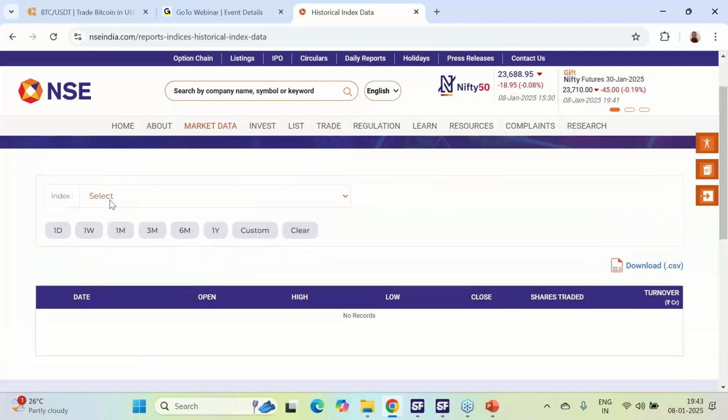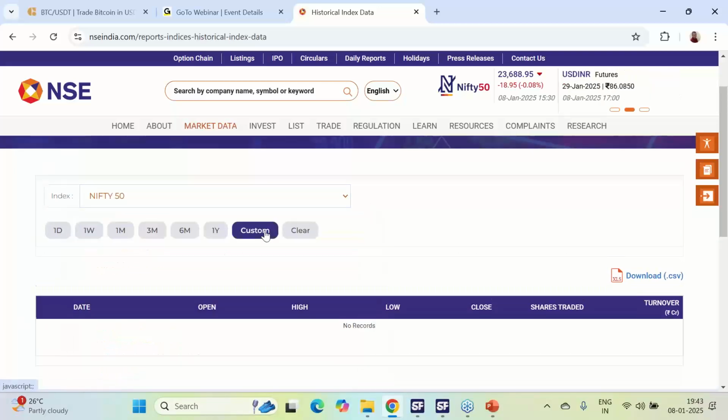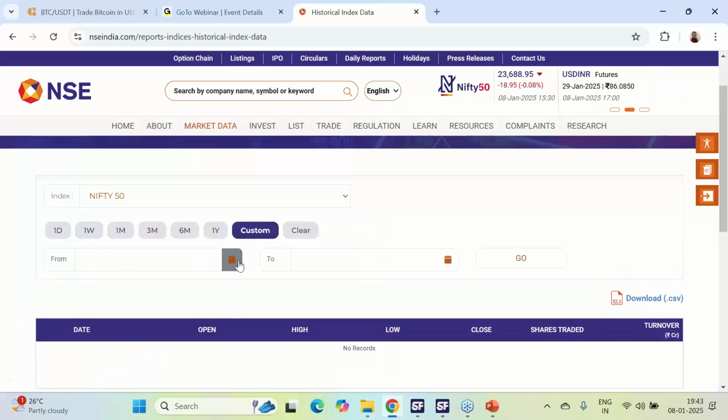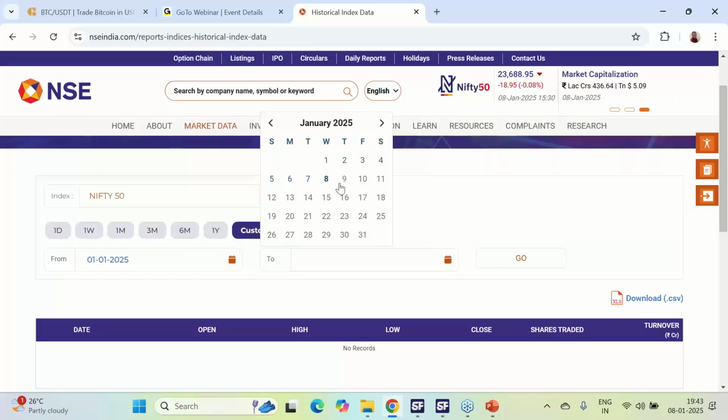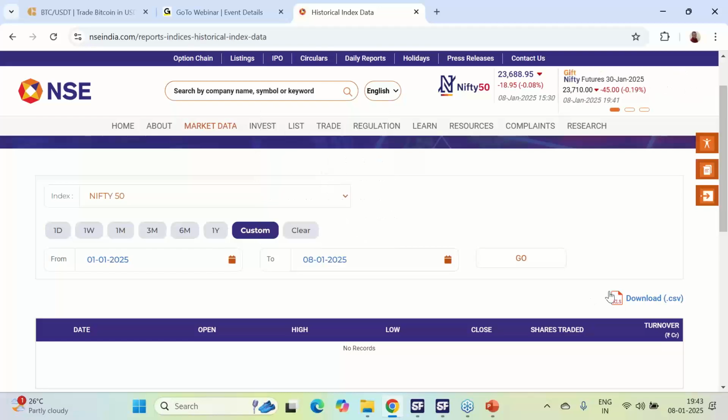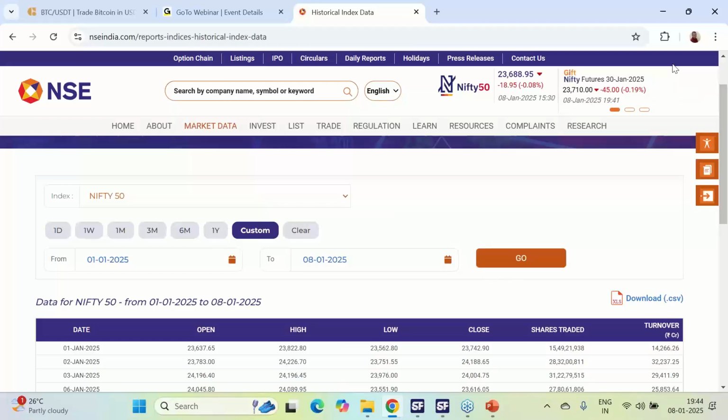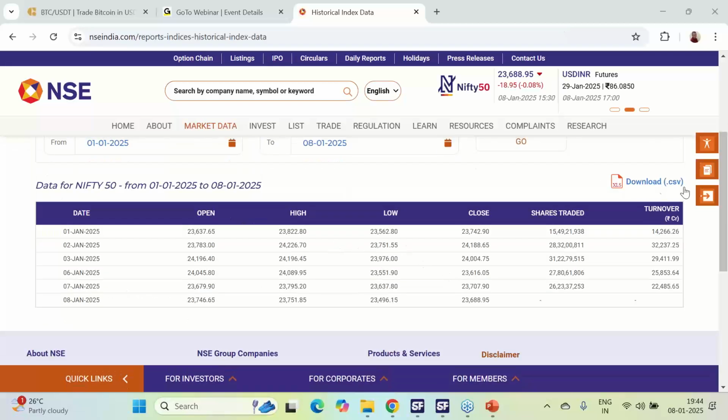If I go for Nifty here, customs, I will select January 1st to January 8th, and we will see the data. The highest point in January, what is the highest value? Only 4 to 5 values we are able to find.